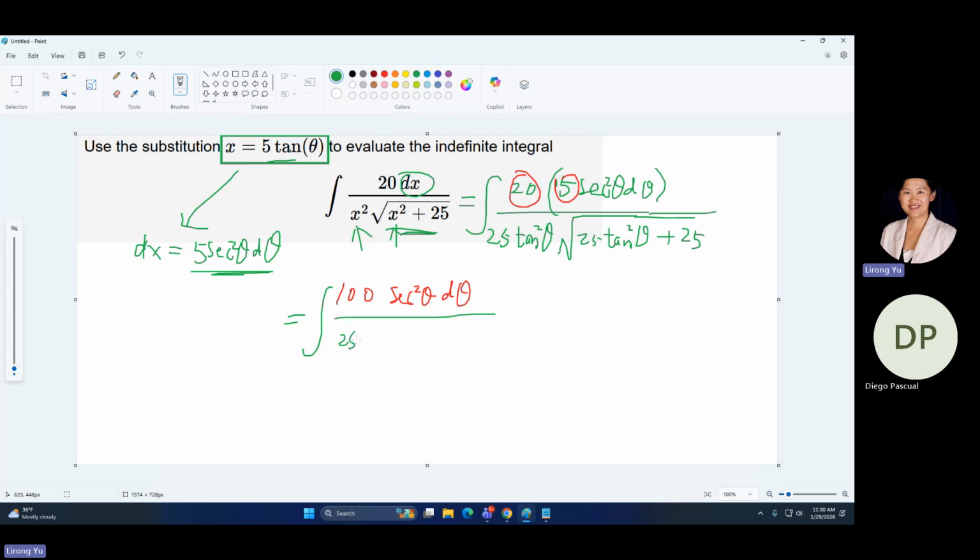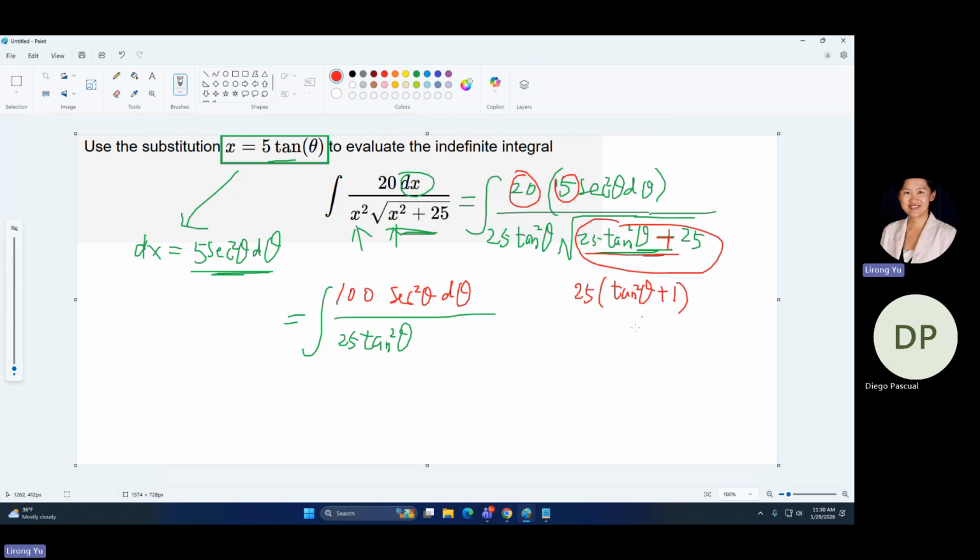The 25 tangent squared stays there, and then maybe we should simplify the part inside the root first. There's a plus, so that's 2 terms, and they both have 25. You can factor the 25 out, and then you have tangent squared theta plus 1.